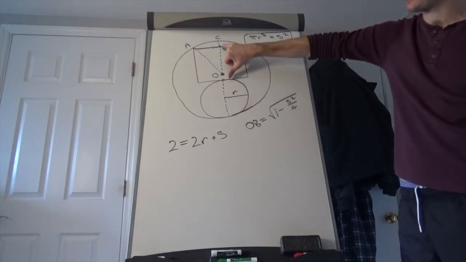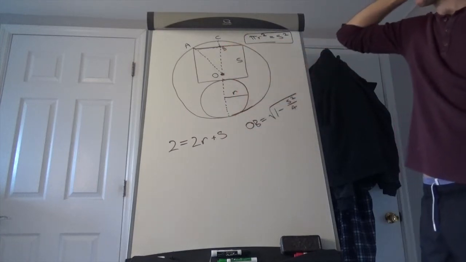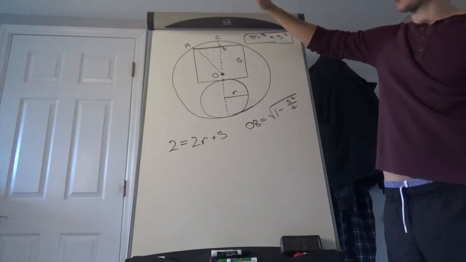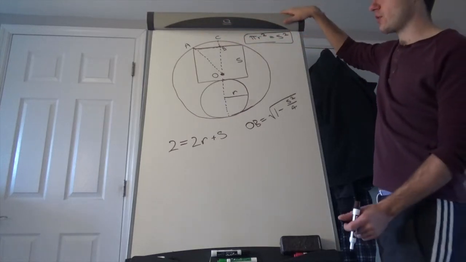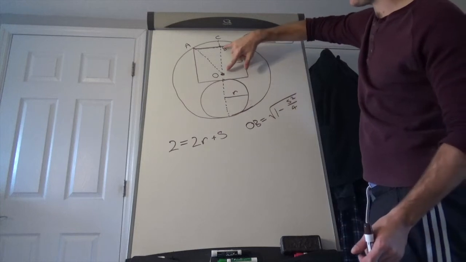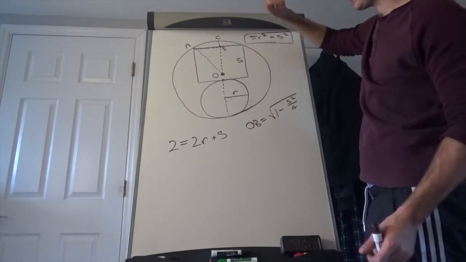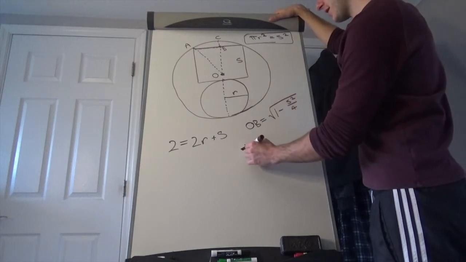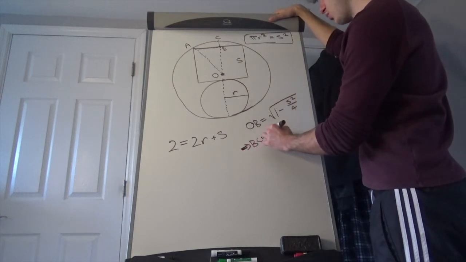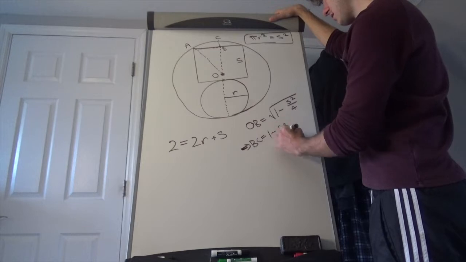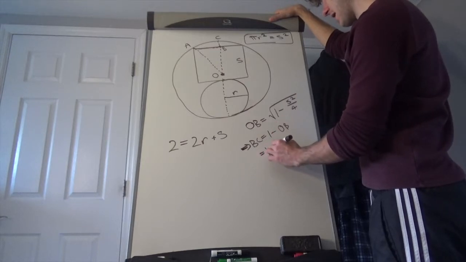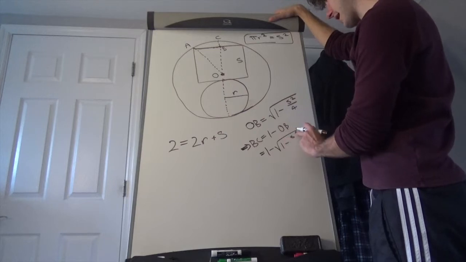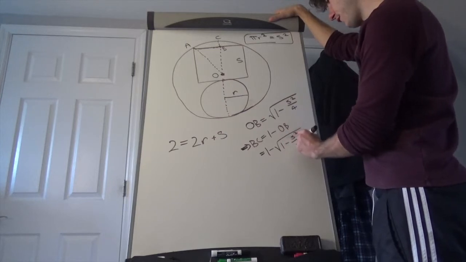But we don't want OB, because we already have all of OB inside of s, the distance between the midpoints of the sides of the square. What we really want is this little overhang up here inside this section of the circle. That simply means we need to subtract the length we've just calculated from the entire radius 1. So what we really want is BC, not OB. BC is equal to 1 minus OB, in other words, 1 minus the square root of 1 minus s squared over 4.